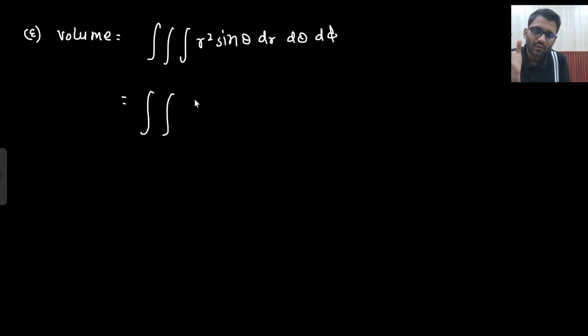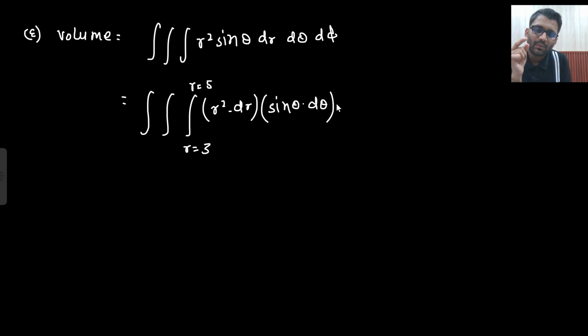So I will do r square dr from 3 to 5, then sin theta d theta, and then only d phi. R square dr, sin theta d theta, and d phi.